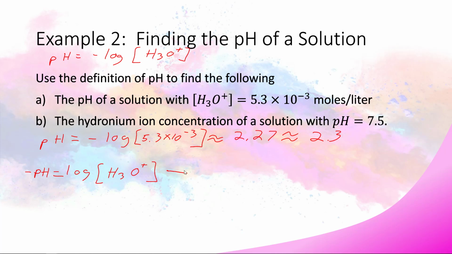We can now look at our equivalent equation, which would be 10 to the negative pH is going to be equal to the concentration of the hydronium ion, H3O plus. And of course, 10 to the negative pH is going to be 10 to the negative 7.5, and that's what we need to compute. So let's go ahead and do that.